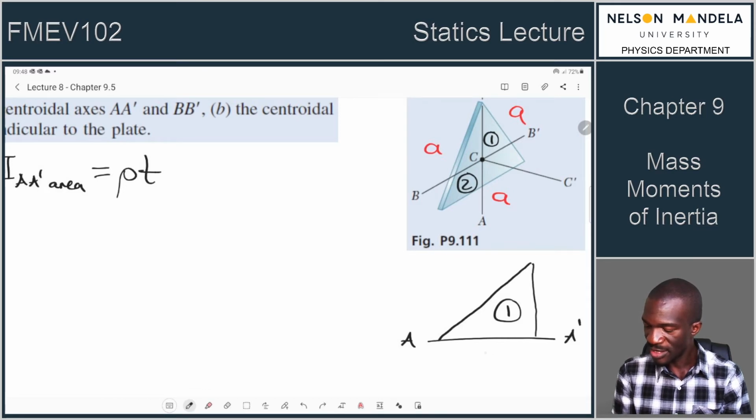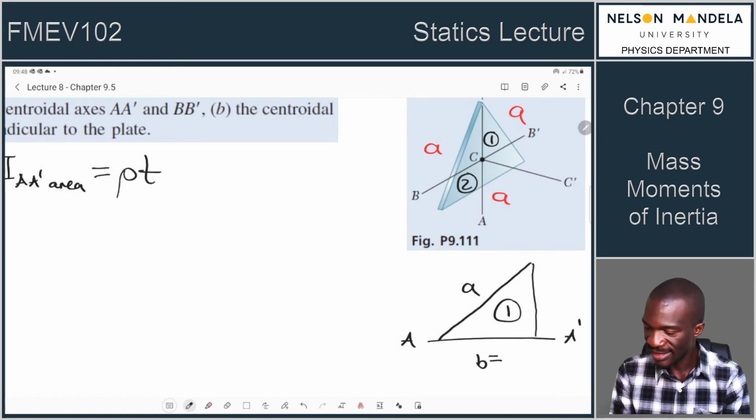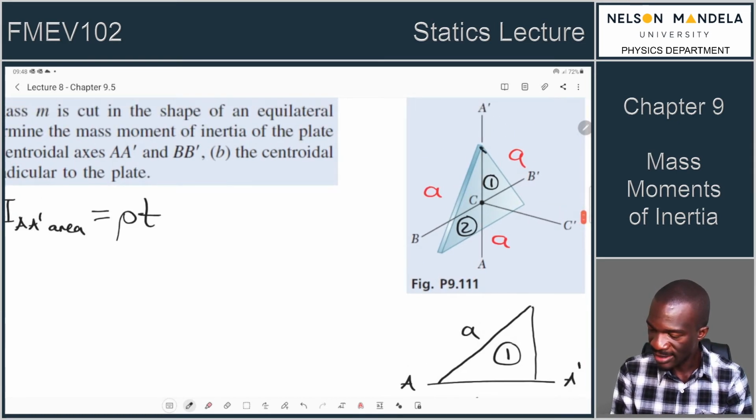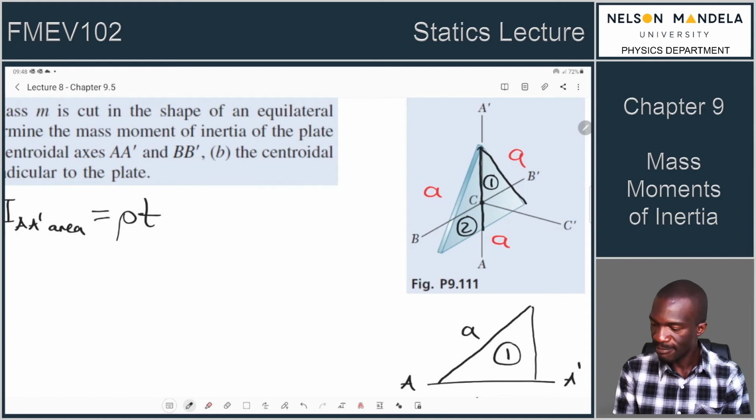Its dimensions, we need to find out what its dimension is. What we know is that this side is an A. That's all we know, right? If that's area number 1, this would be the side that I just labeled A. The base is AA prime, so that is the base. Then this side, we do not know it.